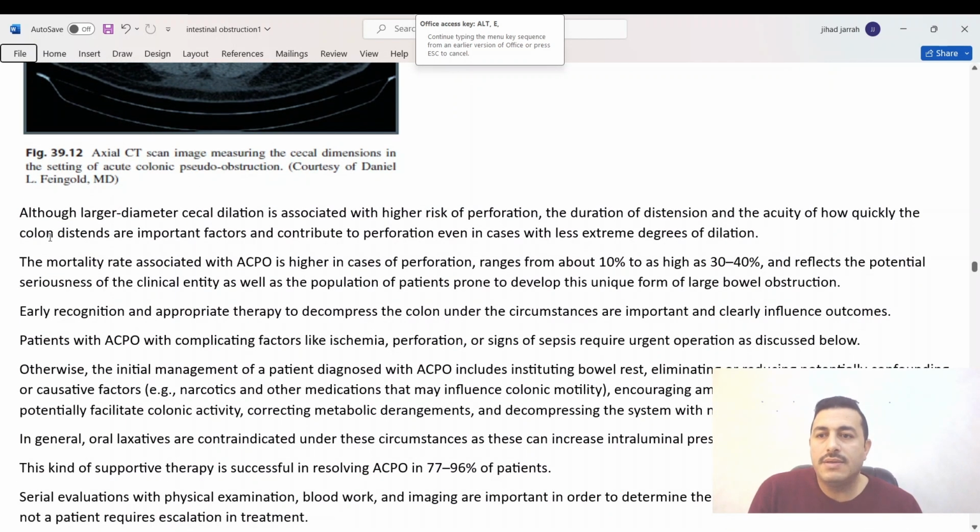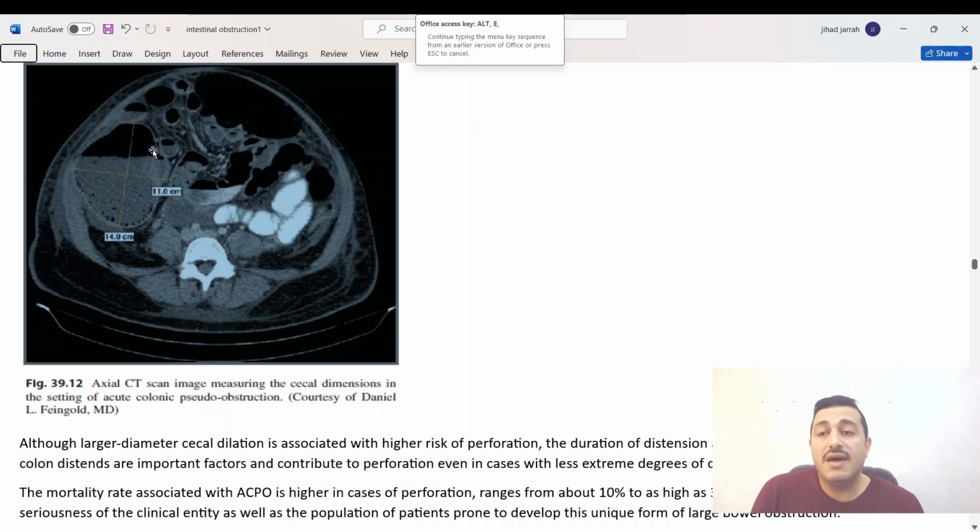We have to know that it's not just taking a number as a cutoff for our intervention. It's also the acuity, the duration that was needed to make this cecum dilated.